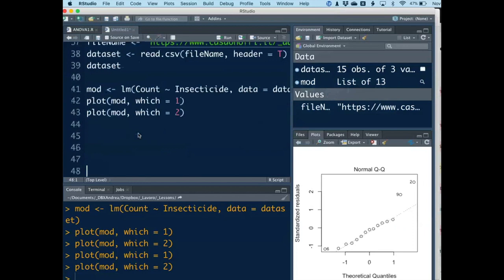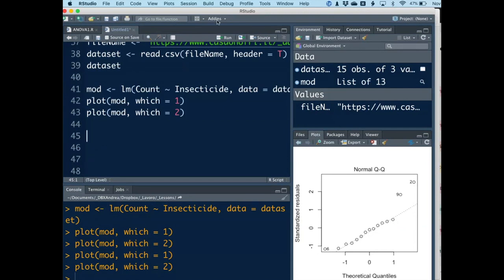So I have a function which is inside a package. That's a common situation now. Not all the functions are implemented in the base R installation. So if we need additional functionalities, we need to install additional packages. Installing packages is very simple.